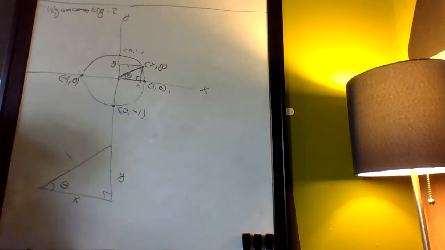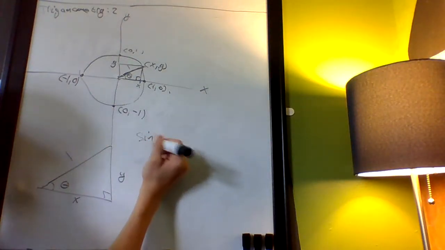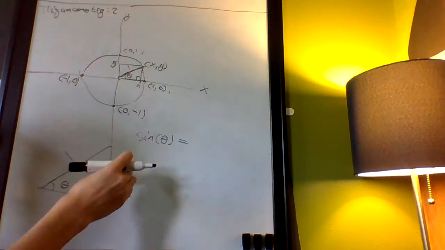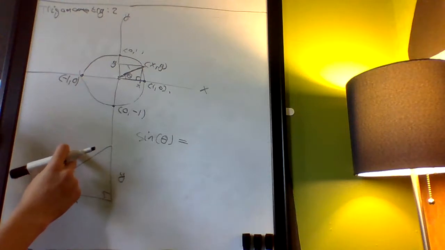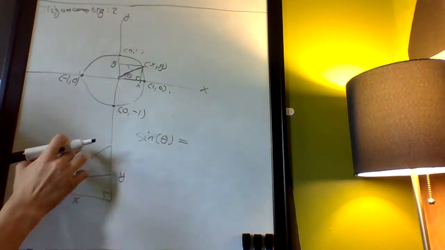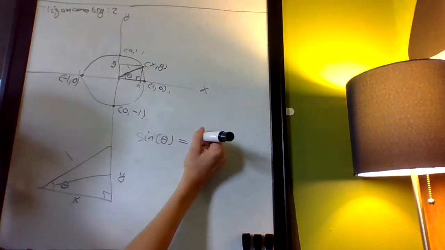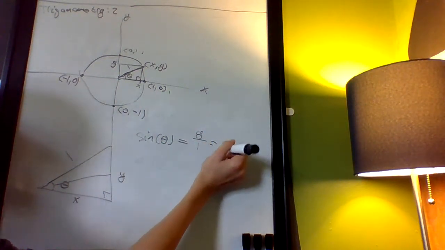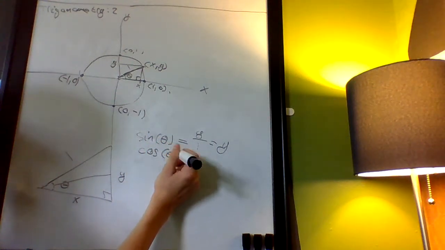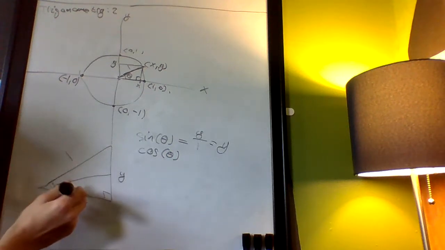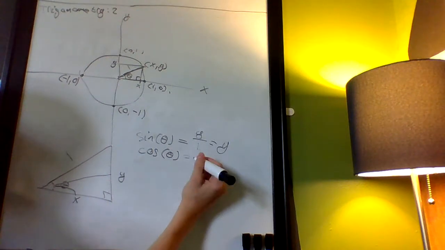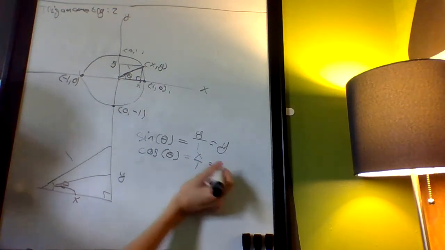So what's the sine of your theta going to be? It's your opposite, which is y, over your hypotenuse, which is 1. Y over 1, which is going to be y. So the cosine of your theta is going to be your adjacent x over 1, which is just going to be x.